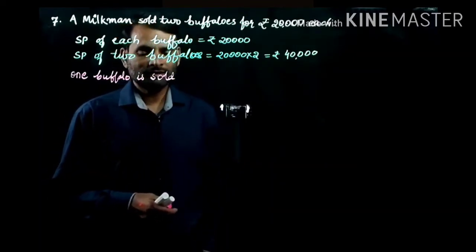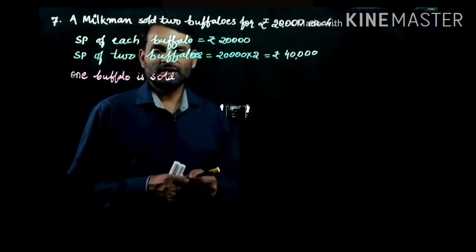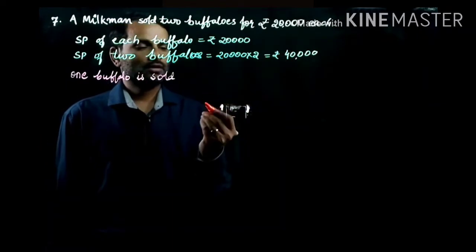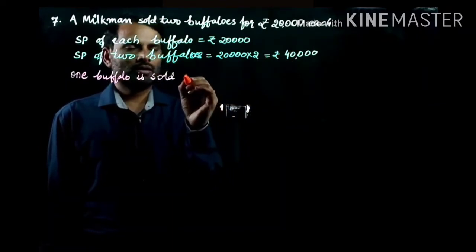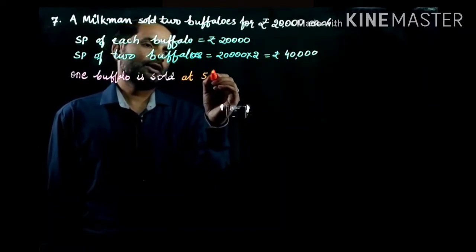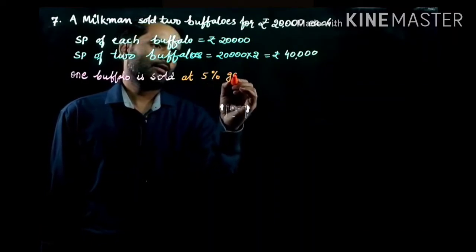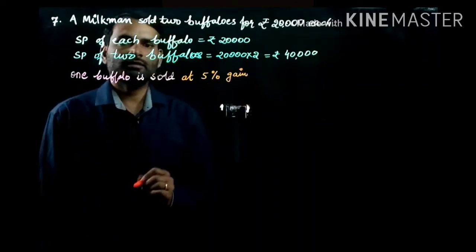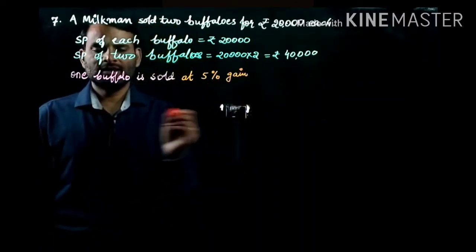There is a 5% gain. So 1 buffalo is sold at a 5% gain.